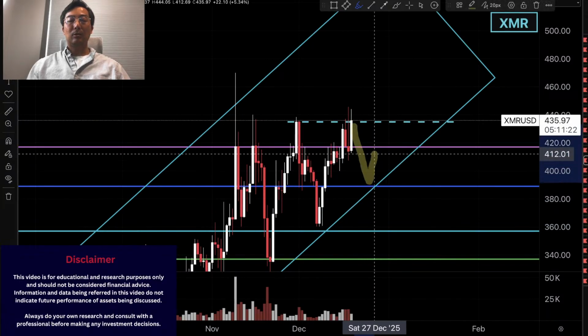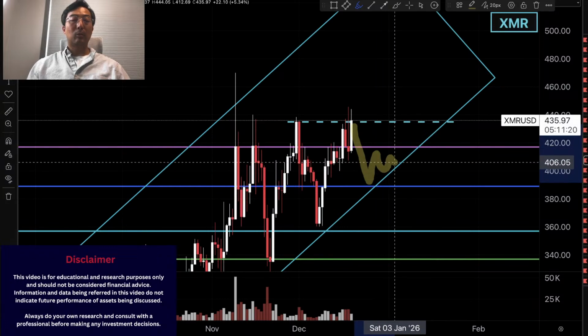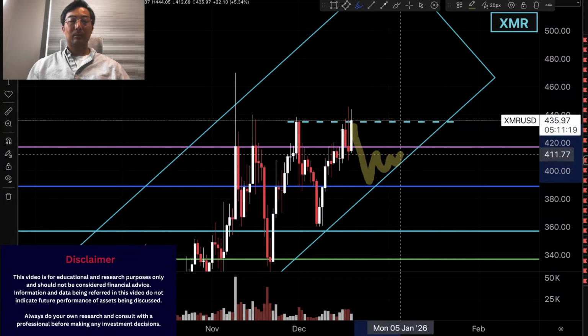The second scenario, which would be quite likely, is pointing towards somewhere near January 10th or January 9th. That's another trend change confirmation point. The third one is assuming the price stays above the purple key level of 417. That's pointing towards the 21st of January.